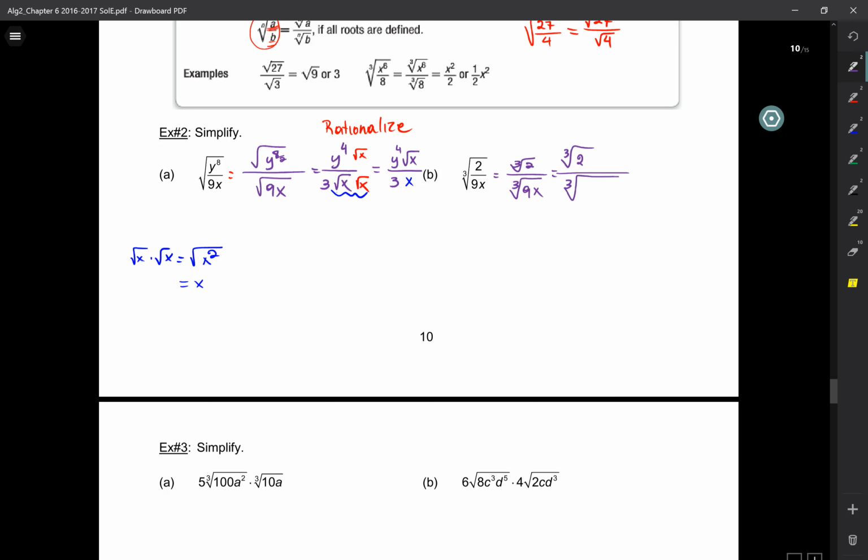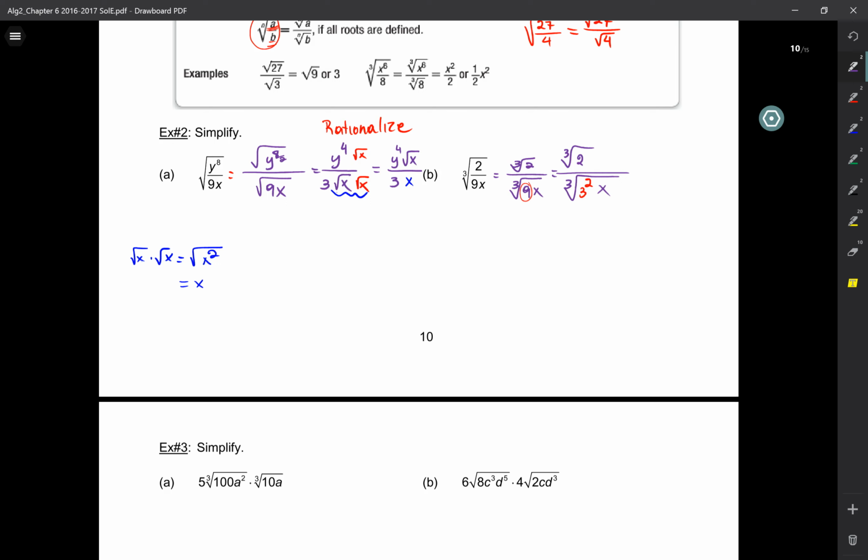So let's just see what we do have. This is the cube root of. What is 9? It's what to the power of what? It's 3 to the power of 2. And then I have an x. Okay, now look. 3 squared, right? How many additional 3's do I need to make 3 of them here? Okay, how many 3's are there in the root? There are 2.